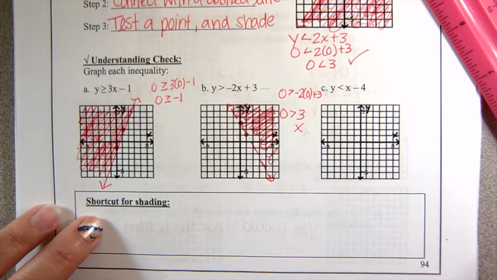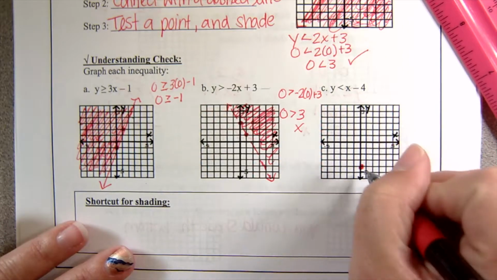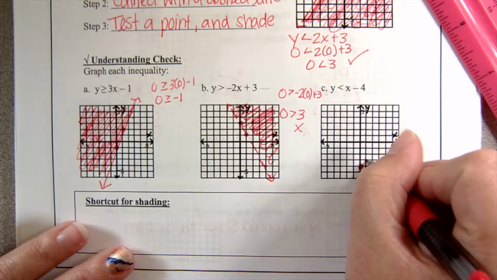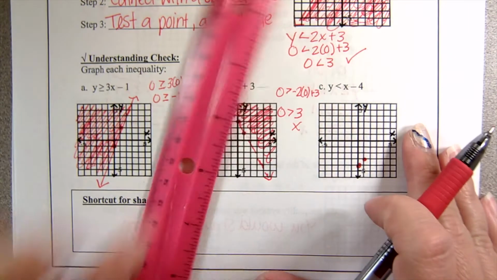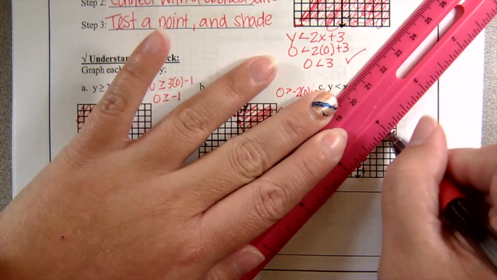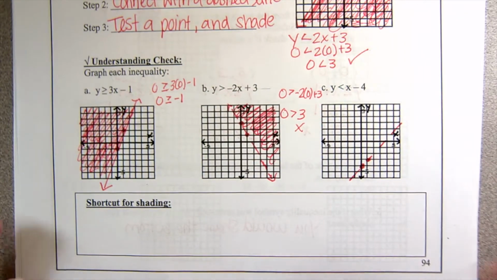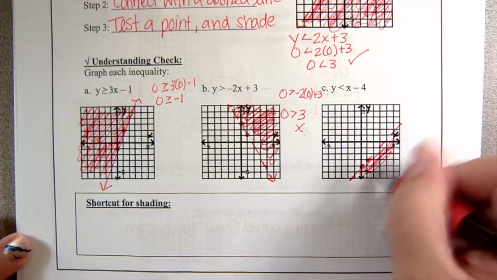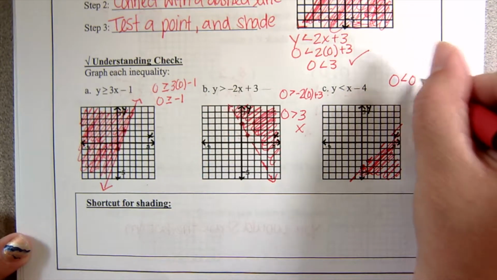C, what is the intercept? And what is the slope? 1. Up 1 over 1. Is that solid or dashed? Dashed. And which side of that one did you shade? The bottom side, because it's a less than. Or if you weren't sure, plug in 0, 0. 0 is less than 0 minus 4.